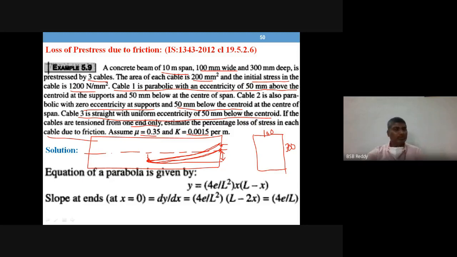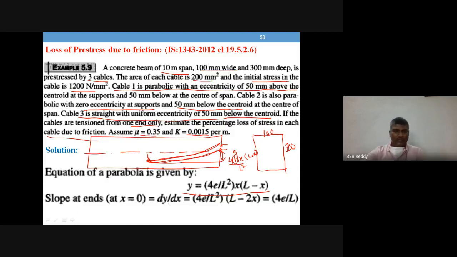So the equation of parabola is given by this, you know very well, 4hx by L square into L minus x. This we have used extensively in case of cables and arches. Where h I am replacing with e, eccentricity, 4ex by L square into L minus x.